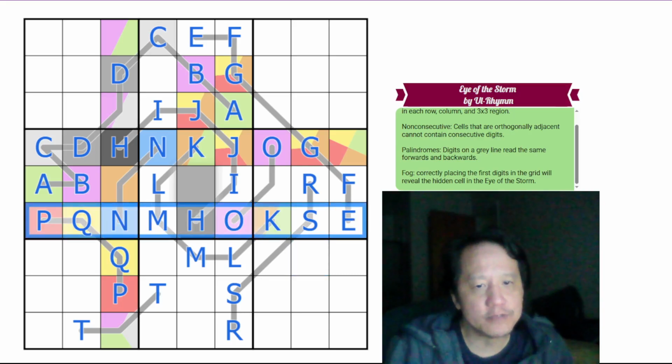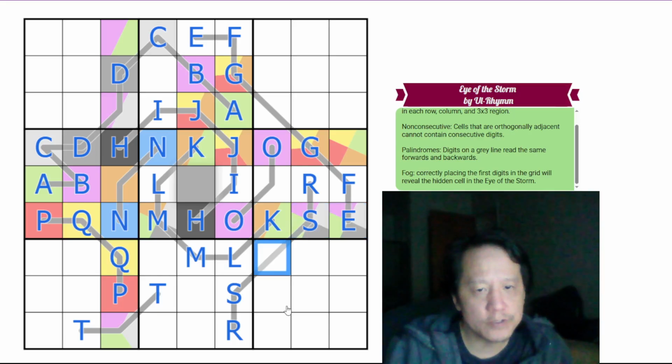Remaining cells in row 6 can be light, medium, green, or orange.